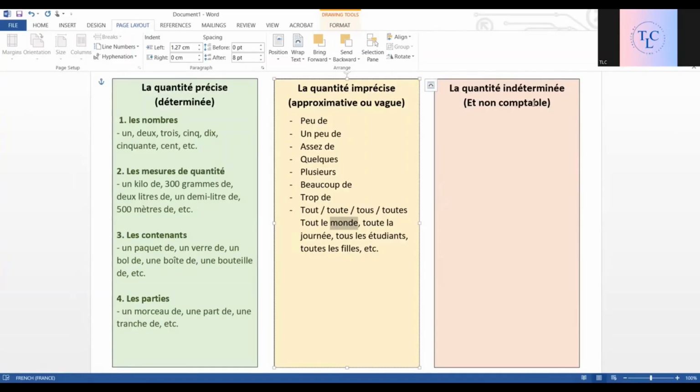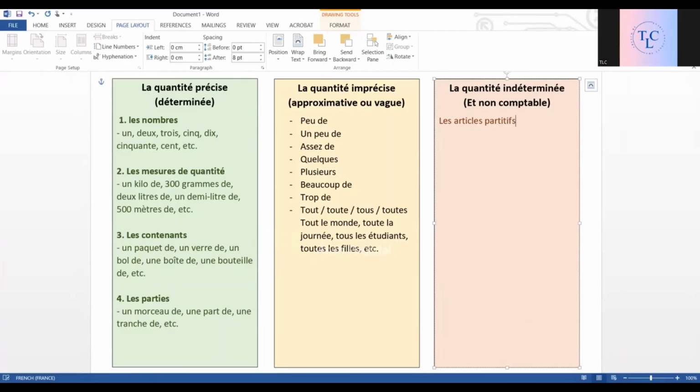So it's indéterminé, and it is also used if it is uncountable. If it is not known how much the quantity is and it is also uncountable, then we use this one.